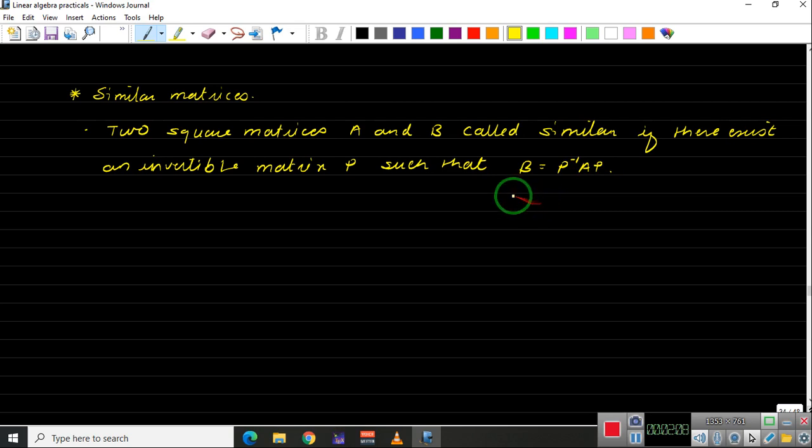So if there exists a matrix P which is invertible such that B can be written as P inverse AP, then we call A and B similar matrices.